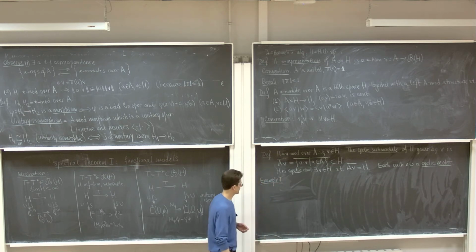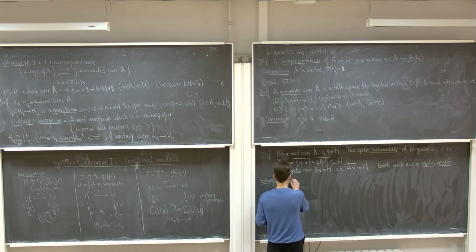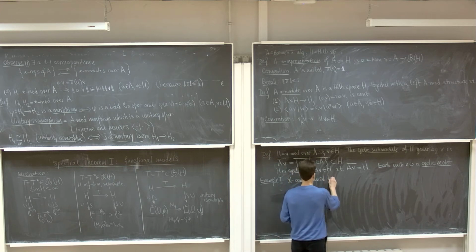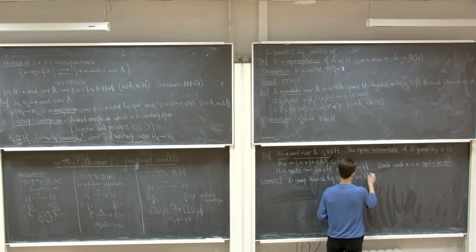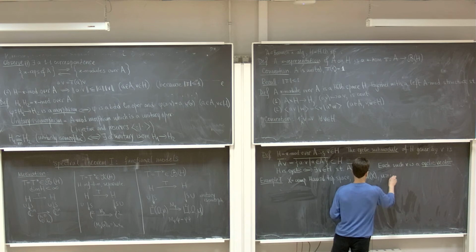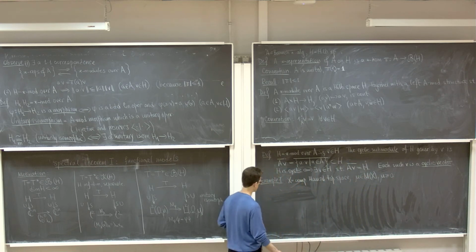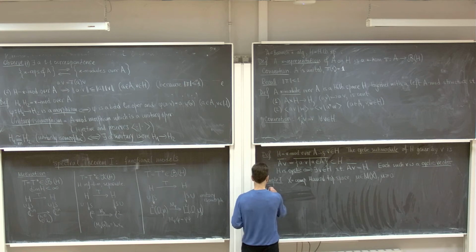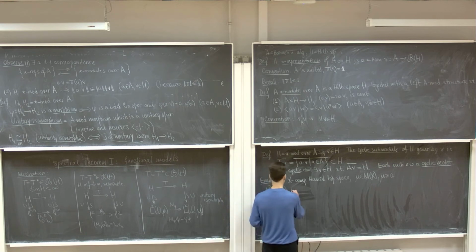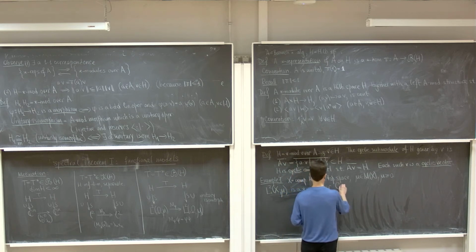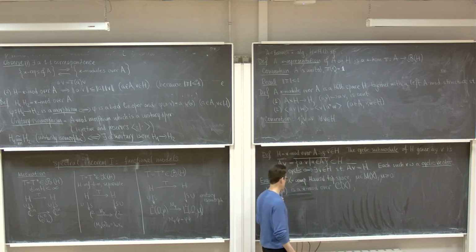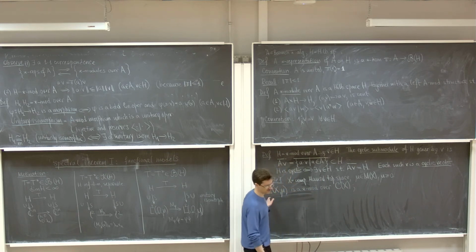Example 1. Suppose that X is a compact Hausdorff topological space, and suppose that mu is a positive Radon measure on X. First of all, let's observe that L2, the big L2 space on X, is a star module over C of X, over the algebra of continuous functions on X. And the action of this algebra on the space is just the pointwise multiplication.